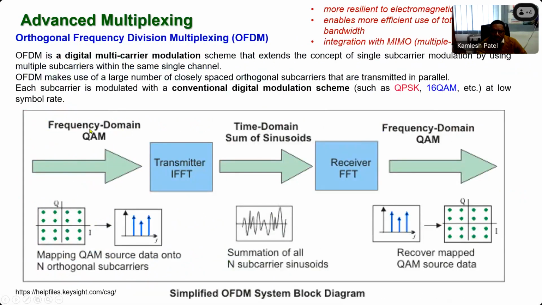Once the QAM signal is generated in the frequency domain, after an IFFT, inverse Fourier transform, at the transmitter end, it is sent to free space. On the receiver side, it is converted back using the FFT, fast Fourier transform, and it returns to the frequency domain QAM signal. This is one method of how OFDM is implemented. All this processing is done at the baseband unit of the mobile tower.